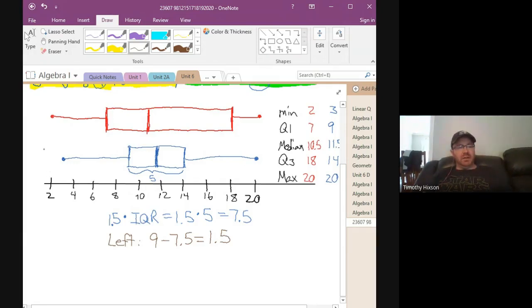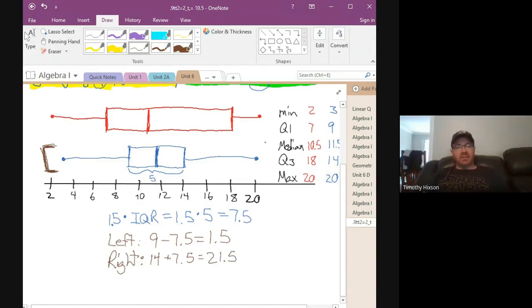So even though we kind of came close, we don't have any outliers on the left. On the right, remember we take the Q3. Q3 was 14, we said, and we're going to add 7.5. Okay, so that's 21.5.